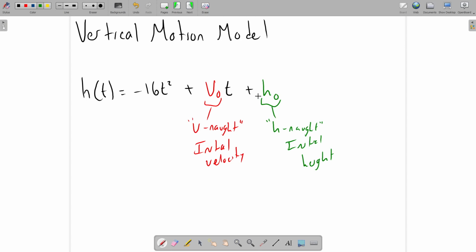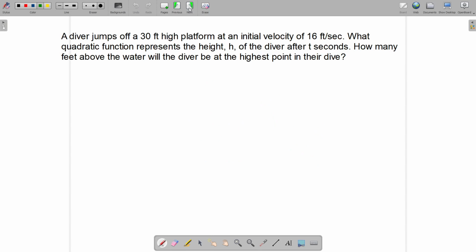Now that we've identified the two pieces of this vertical motion model that might change, let's look at an example, and then come up with an actual model for a specific situation. In this first question, a diver is jumping off of a 30-foot high platform, and they're doing so at an initial velocity of 16 feet per second.